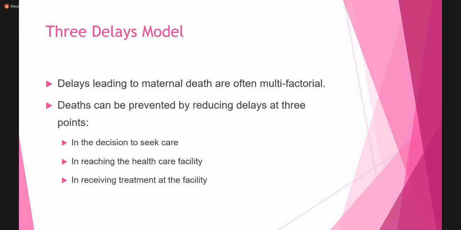Deaths can be prevented by reducing delays at 3 points or levels in the decision to seek care. So this is the decision of the family, decision of the female, but unfortunately at that time the female is not in a position to take the decision, and the family is mainly taking the decision.